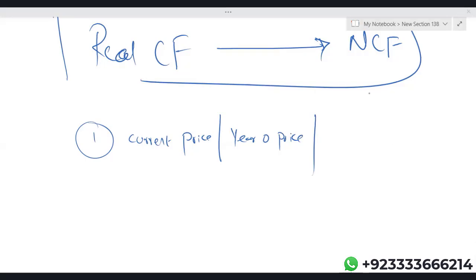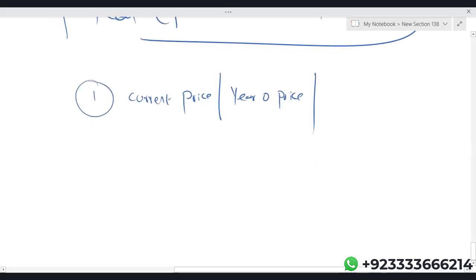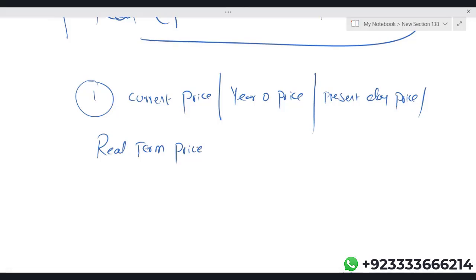Okay, let's say the examiner is using the word either current price, year zero price, or one more possibility, present day price, or a real term price.